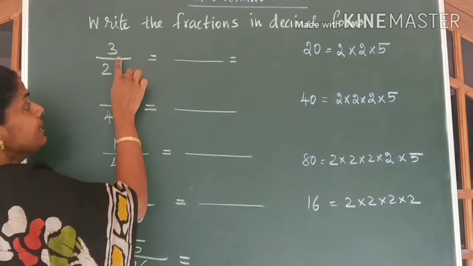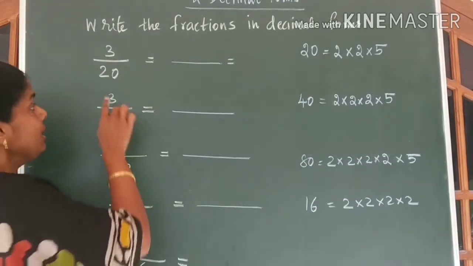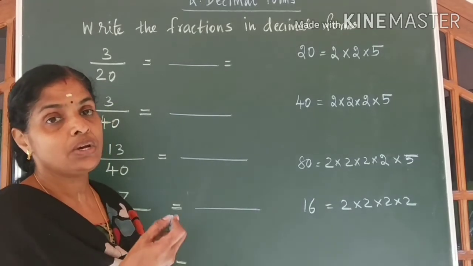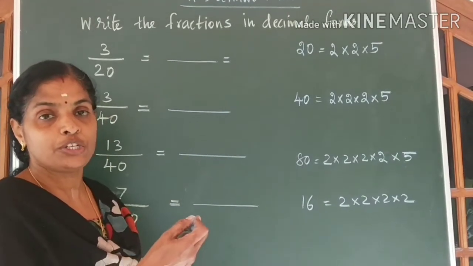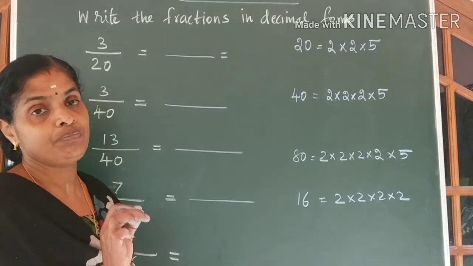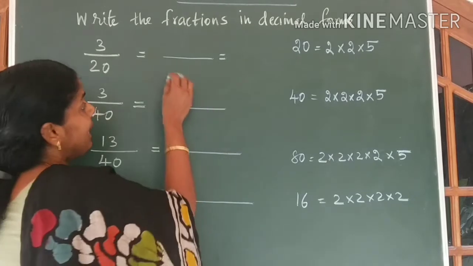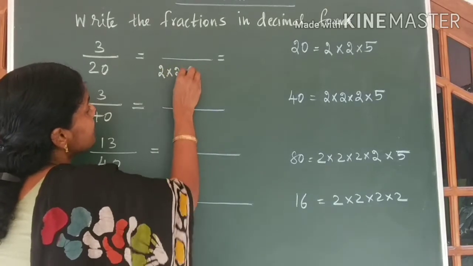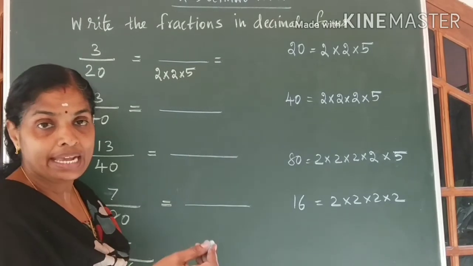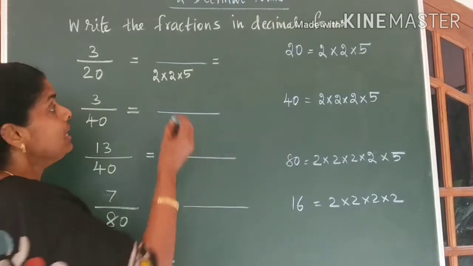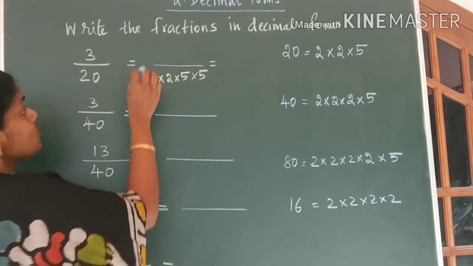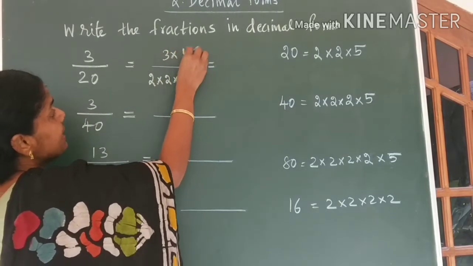First question, 3 by 20. You know, 20 can be factorized as 2 into 2 into 5, isn't it? 2 2s are 4, 4 5s are 20. Now, you have 2 2s and 1 5. So, what you have to do to make it a power of 10, just multiply with 1 more 5. So, what happens to the numerator?